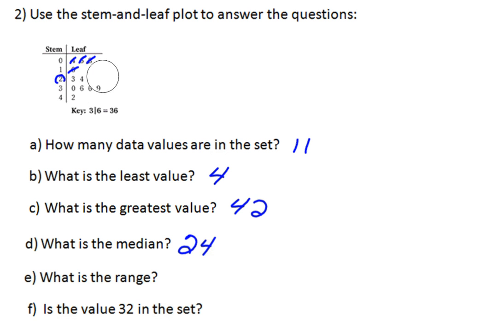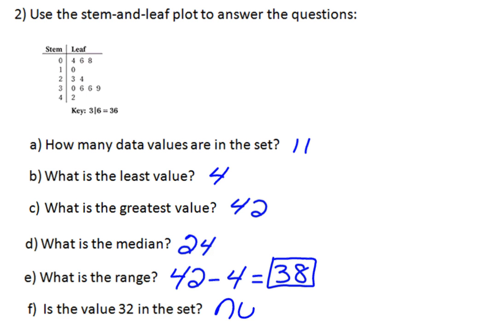Again, if you don't understand it that way, you can write it out the long way and cross it off from there. What is the range? Take your highest number and subtract your lowest number. And you get 38. Is 32 in the set? I have a 30 and then I have a 36. So no, 32 is not in the set of data.